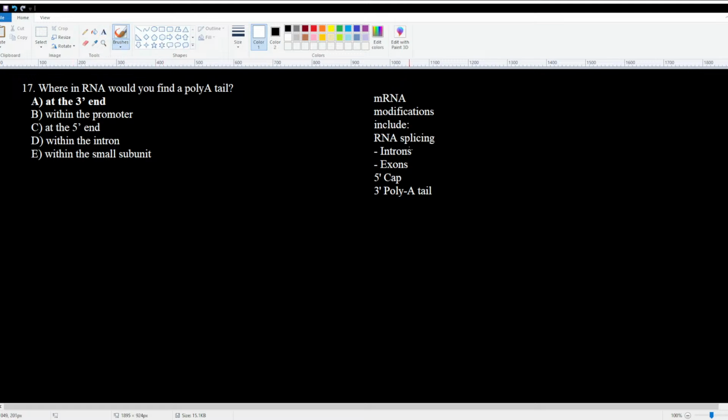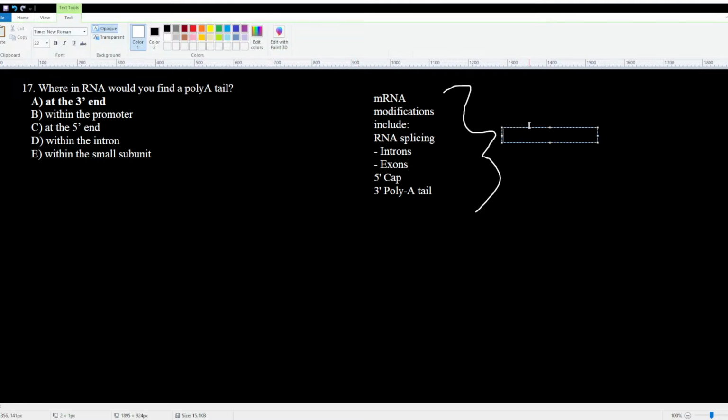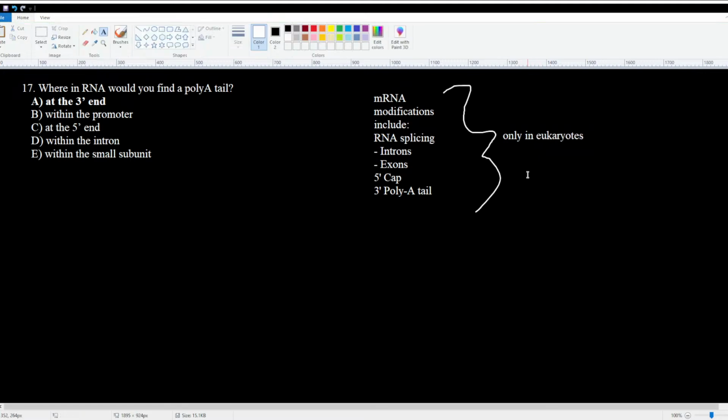I'll also say this: all of these only occur in eukaryotes, because transcription in prokaryotes happens at the same time as translation, so none of these modifications need to happen, or none of them can happen, rather. In any case, let's go over some of these. The one we care about for this question is the poly A tail.